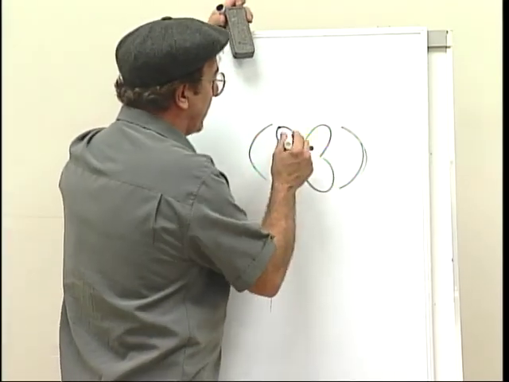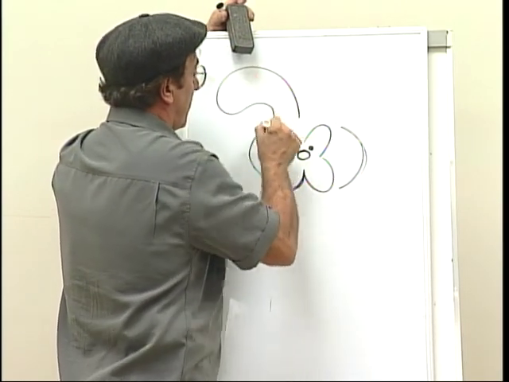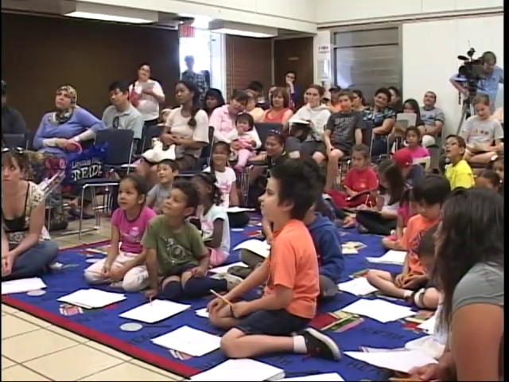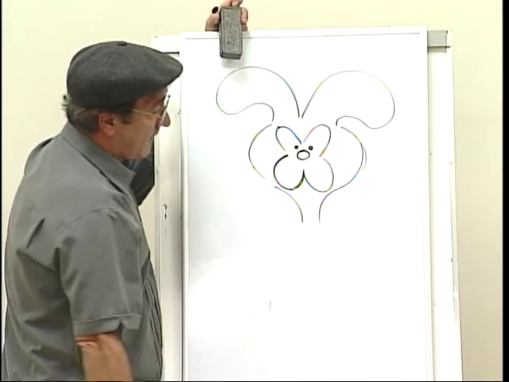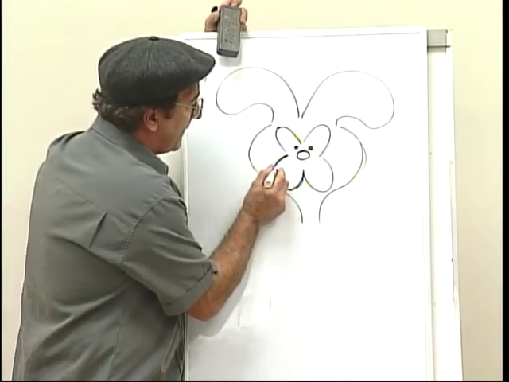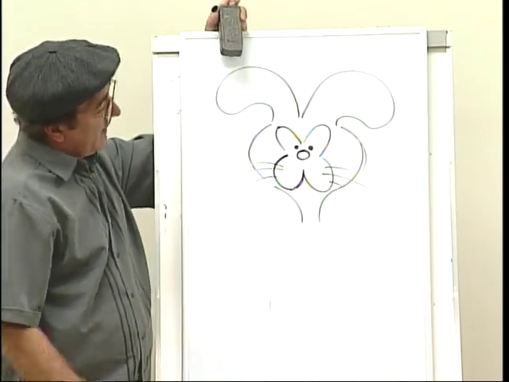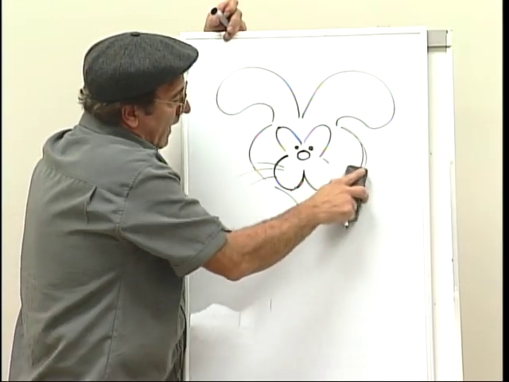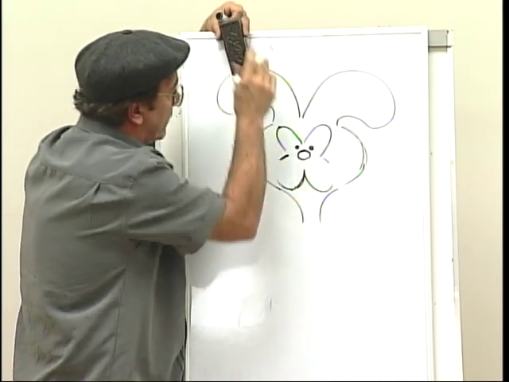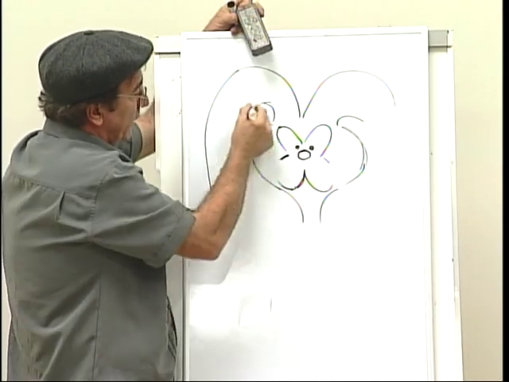So, if I wanted to make it a dog, I might do this. Okay, hold on. If you want it to be an Easter bunny, I might do this. And this guy looks like the Trix rabbit. Trix are for kids.